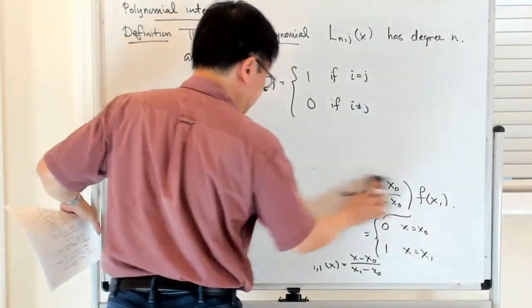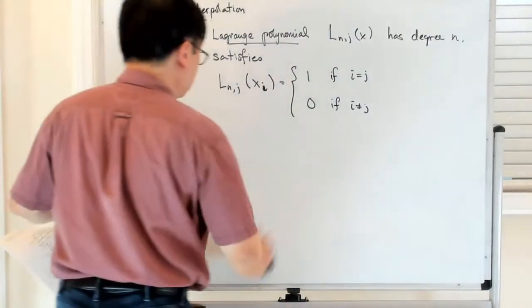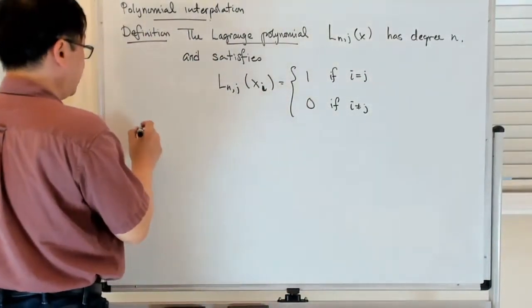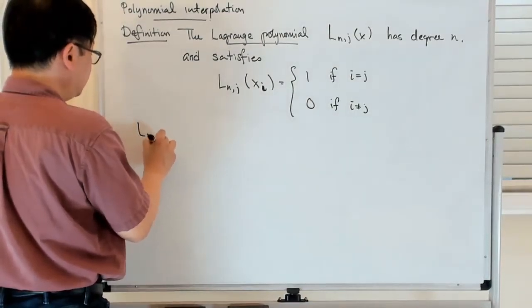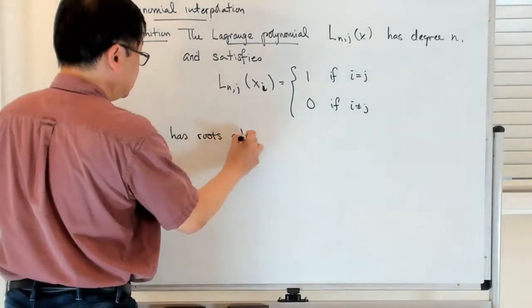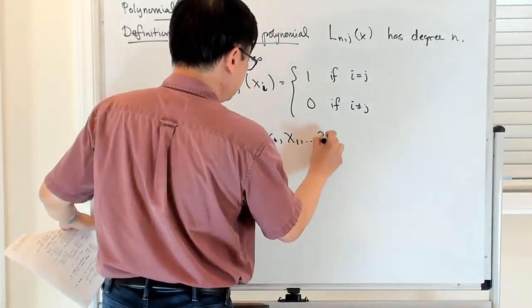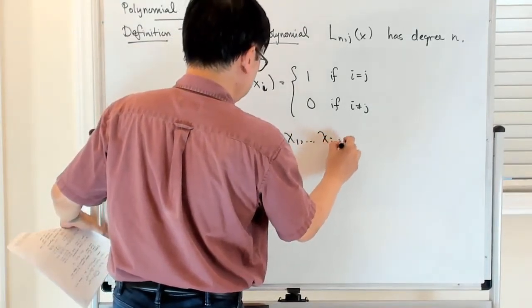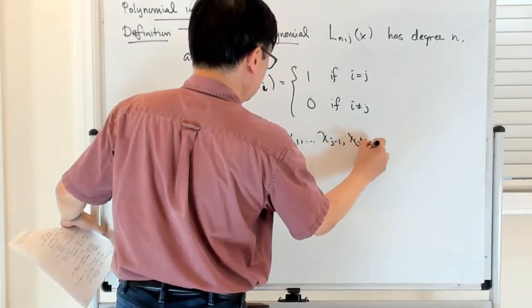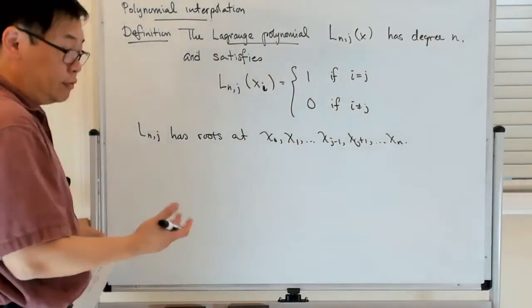So Lnj has roots at x0, x1, all the way up to xj minus 1, xj plus 1, all the way up to xn. So they have n roots.